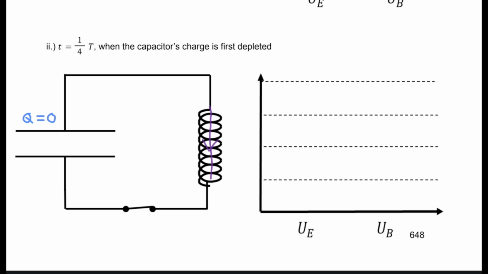And as such, there will be this magnetic field that forms around the inductor, also in the direction of current flow. So maybe we'll make it look a bit more like a bar magnet, just to show our magnetic field around the inductor coils here.